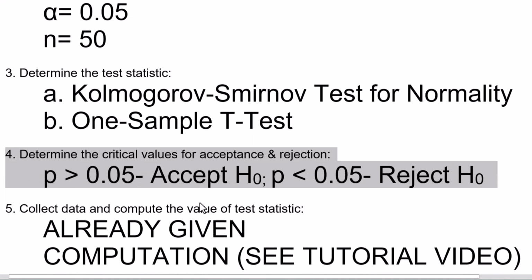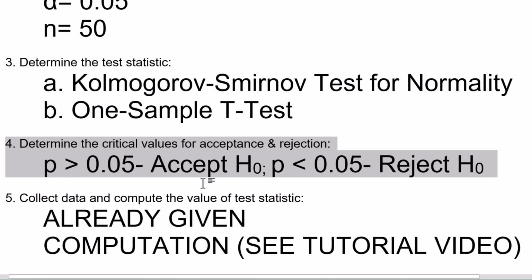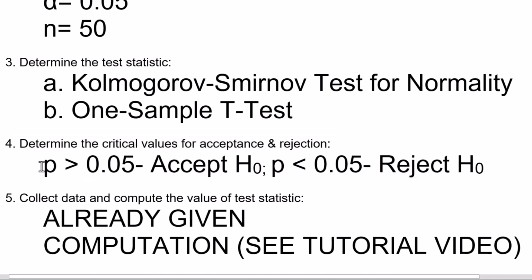So here we have step 4. We now determine the critical values for acceptance and rejection. So basic lang to guys. If our p-value is greater than 0.05, we accept HO. Otherwise, if our p-value is less than 0.05, we have to reject HO. So, meron mga instances na baka may magtanong na, what if sir, your p-value is exactly equal to 0.05? So, hindi naman po yan common na nangyayari.